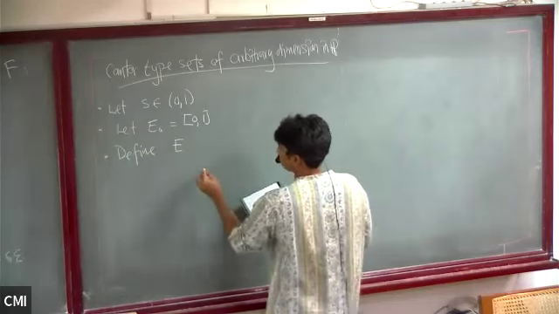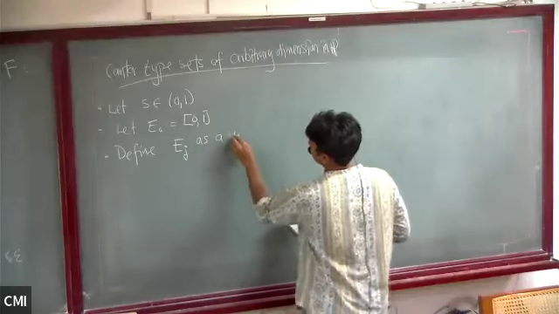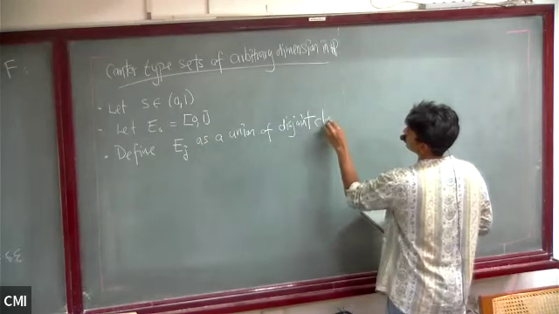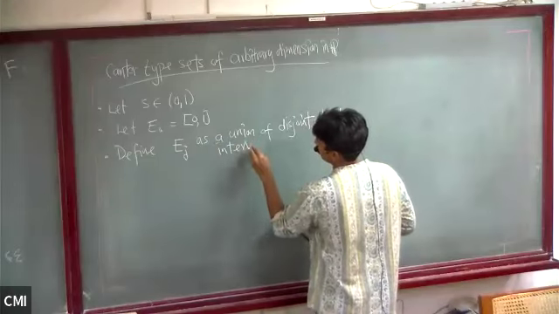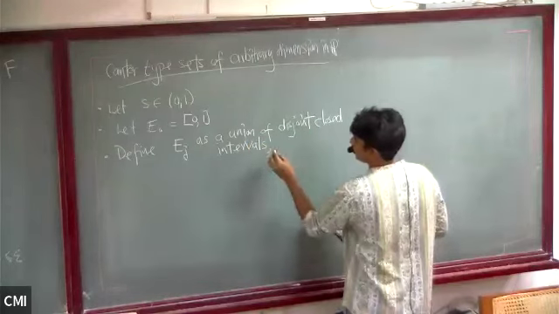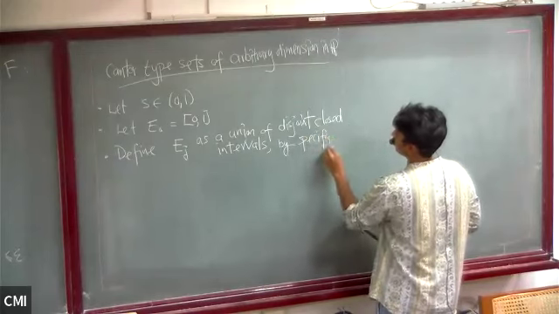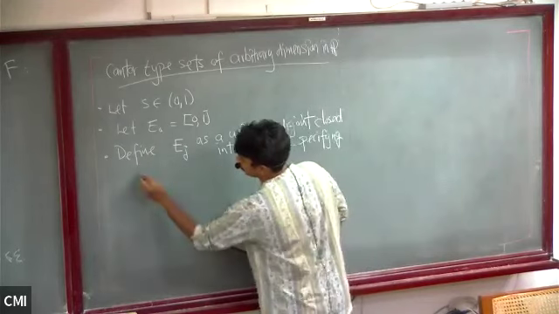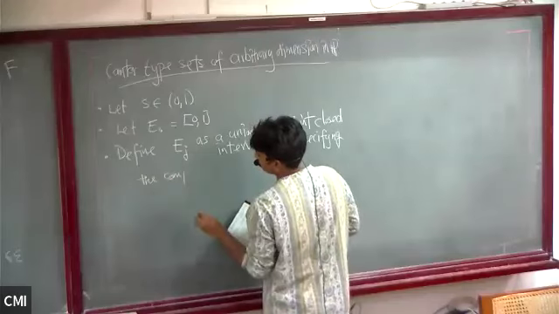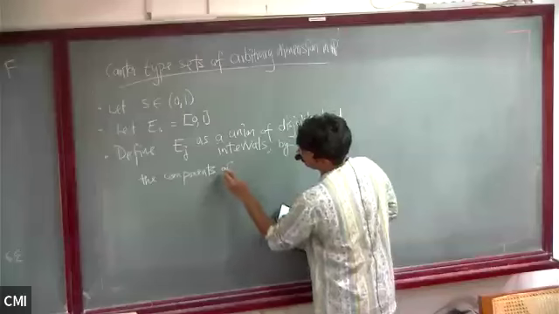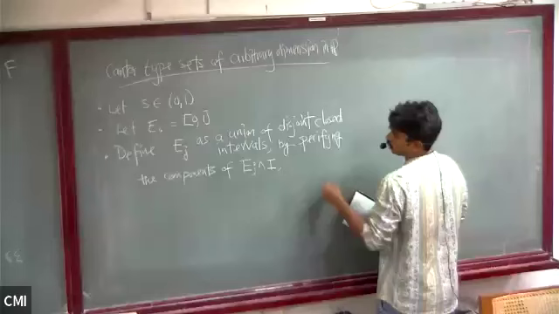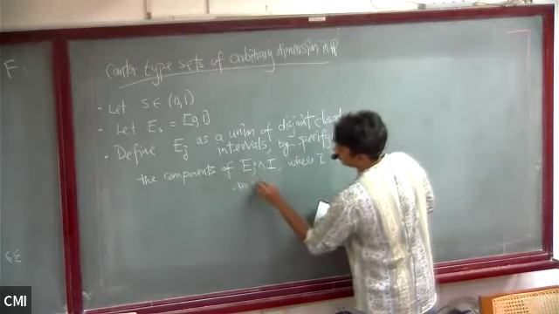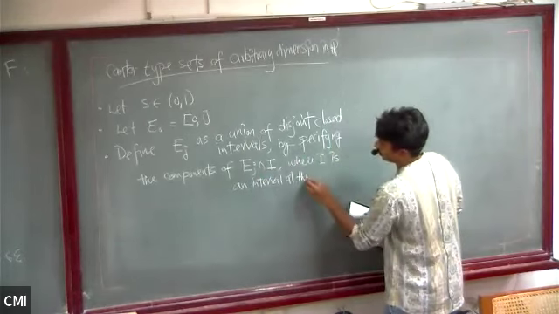And we will define these E_j as a union of disjoint closed intervals, by specifying the components of E_j intersection I, where I is an interval at the (j minus 1) level.